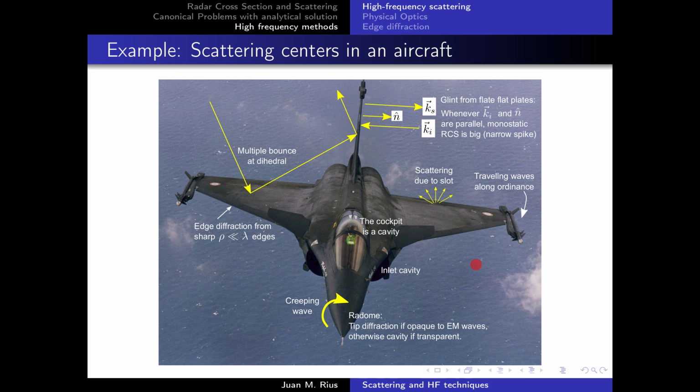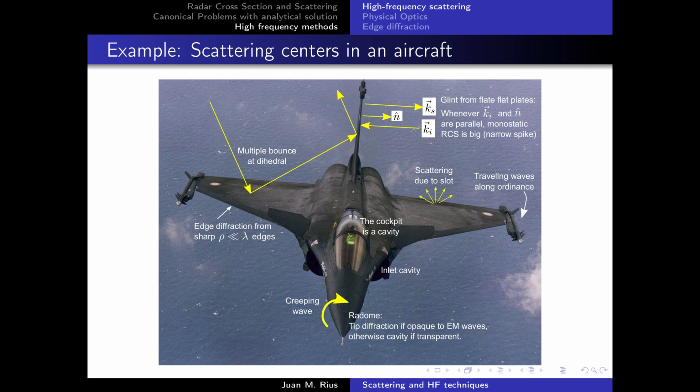So you can see that there are a lot of scattering phenomena, and we can sum different contributions from different scattering phenomena, different parts of the object. But of course, we must know which contributions are more important, because it is a lot of work to derive the formulas to compute the field from different scattering phenomena. We have to write the formulation to compute the field. We have to implement this in a computer.